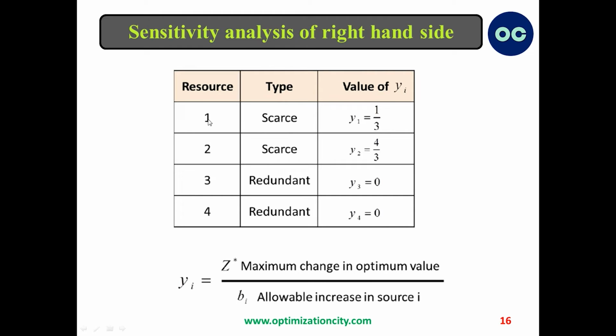You can see that resources 1 and 2 are the scarce constraints, and resources 3 and 4 are the redundant ones, and y1 and y2 are positive, and y3 and y4 are 0. We will discuss in the future that y1 and y2 are the shadow prices of the first and second constraints.